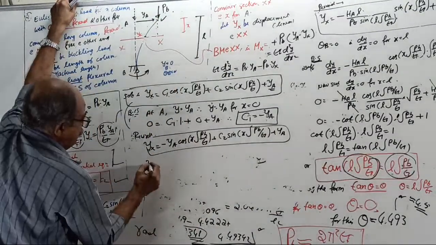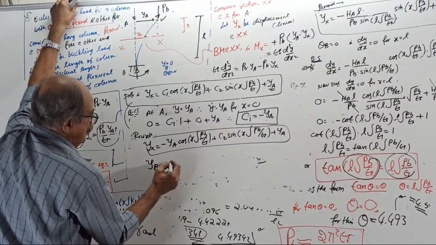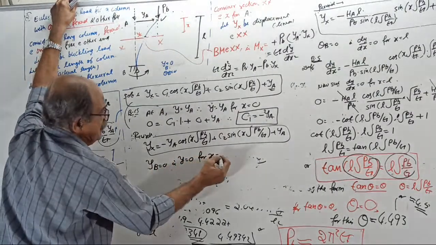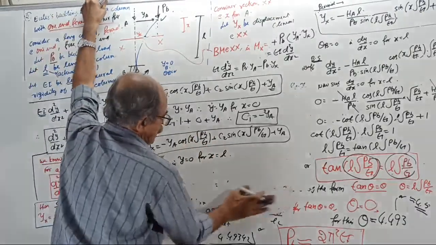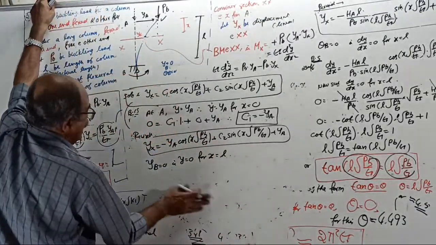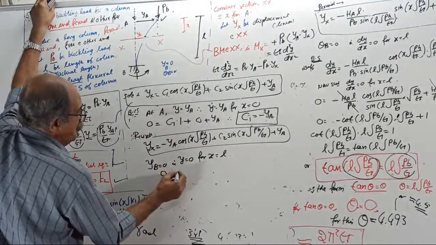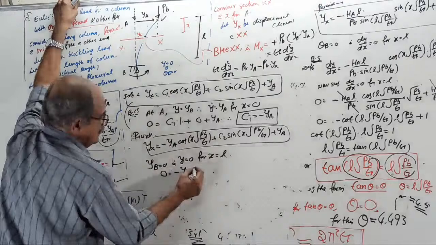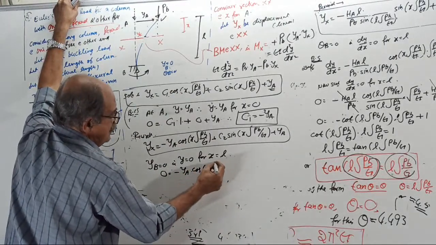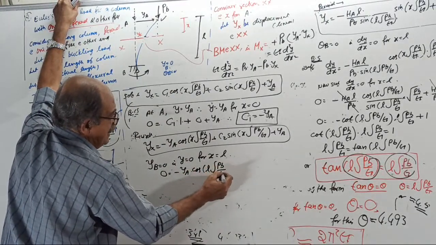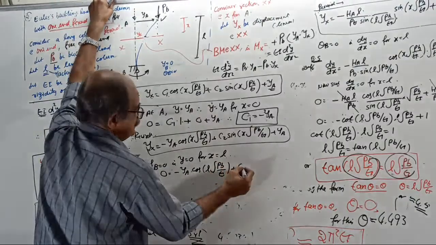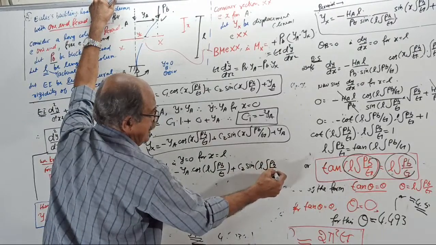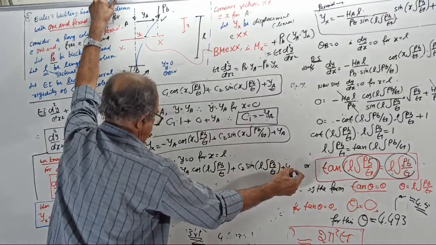Next is deflection at B equal to 0. That is, Y becomes 0 for X equal to L. Start. 0 equal to minus YA into cos of L root PB by EI plus C2 sin of L root PB by EI plus YA.